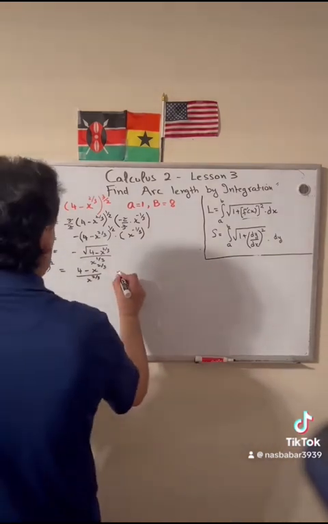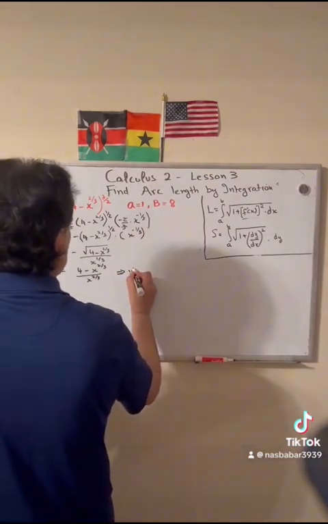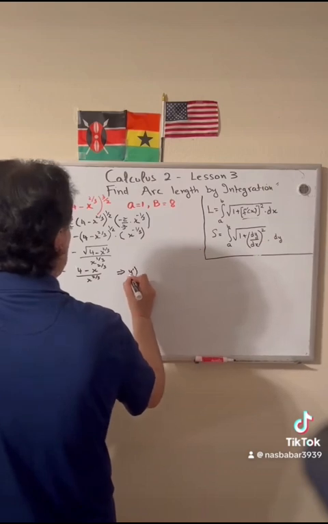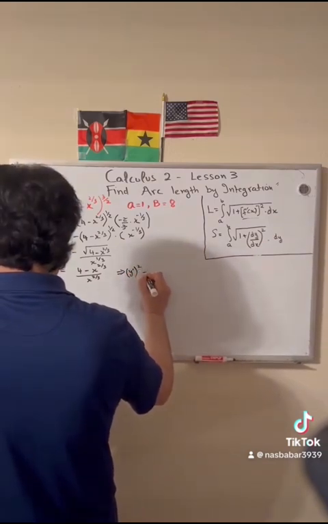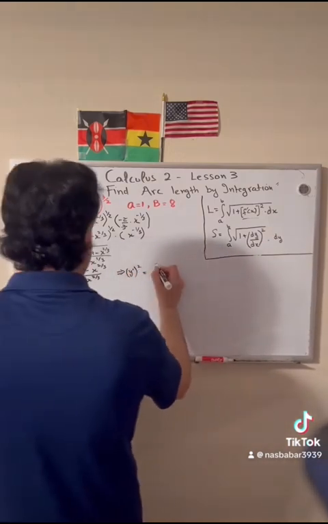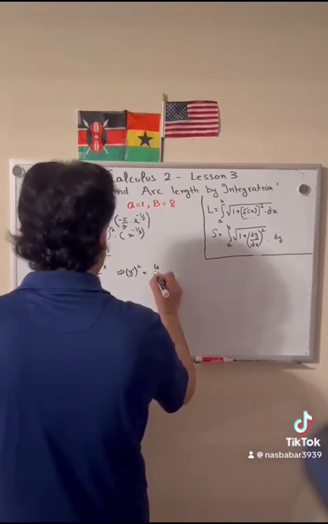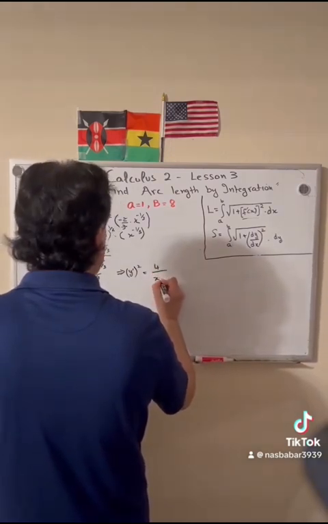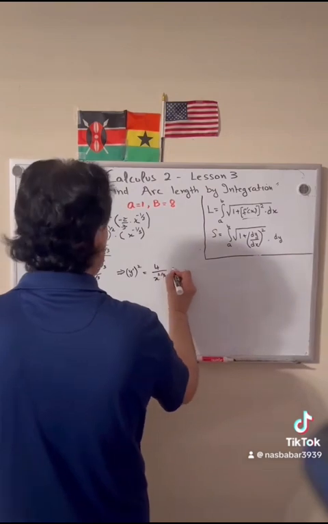Or you can say y prime squared is equal to 4 over x raised to the power 2 over 3 minus 1.